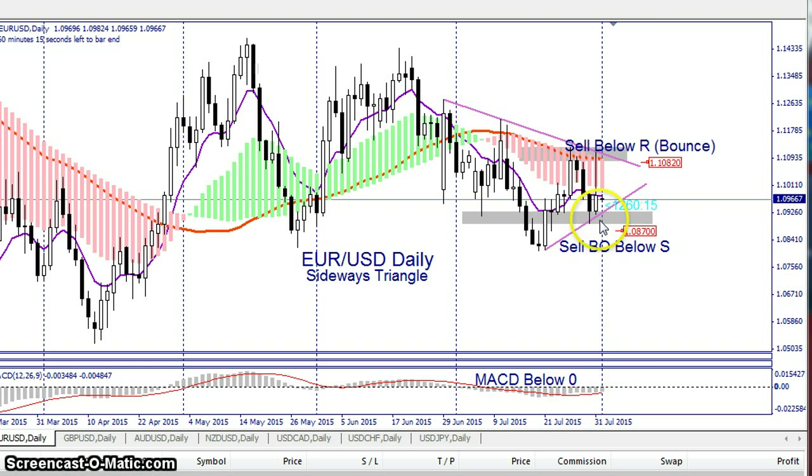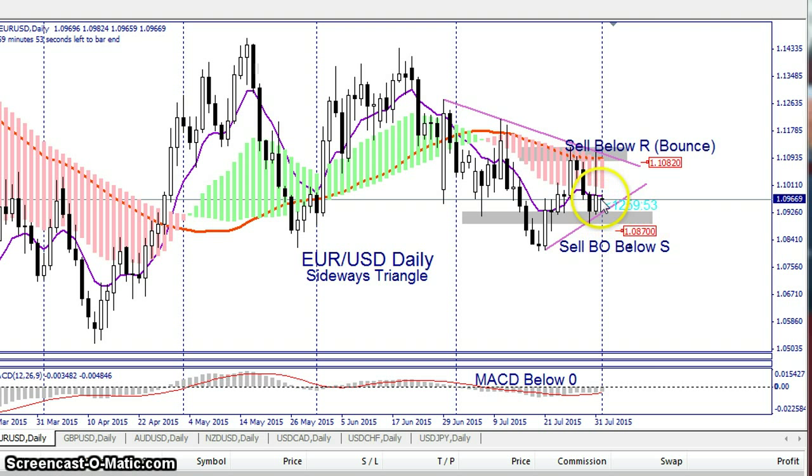However, because we're going sideways, we want to wait for a breakout. We want to sell a breakout below the support, which is this area right here in the gray rectangle. If we want to be specific, we want to sell when price breaks out below the 1.0870. You can see that in this red box here.